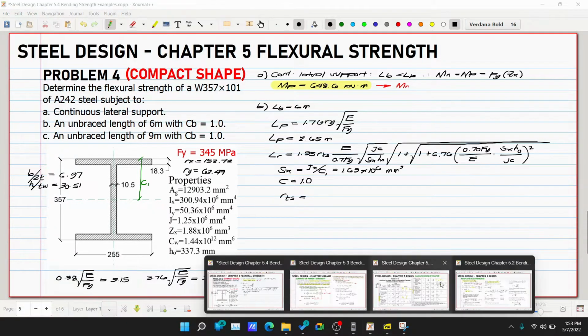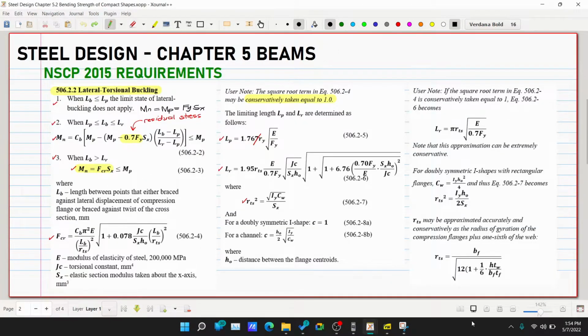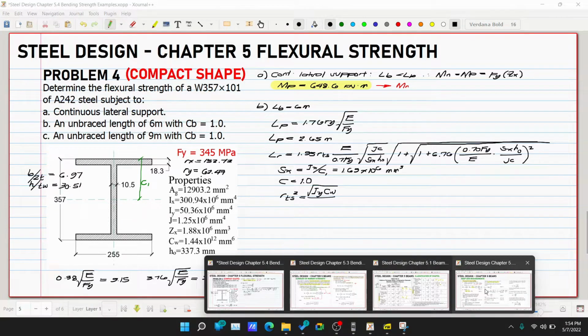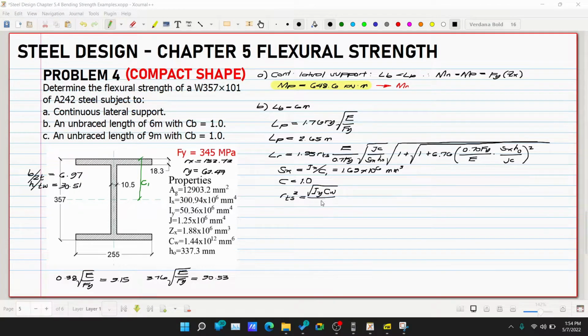Ang equation ng RTS natin is RTS squared equals square root of IY CW over SX. So, meron tayong SX, meron tayong IY, meron tayong CW. So, masolve natin tong RTS squared.